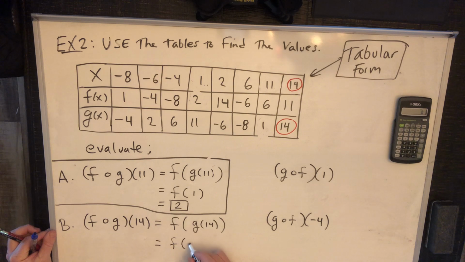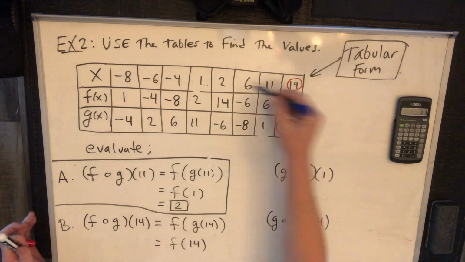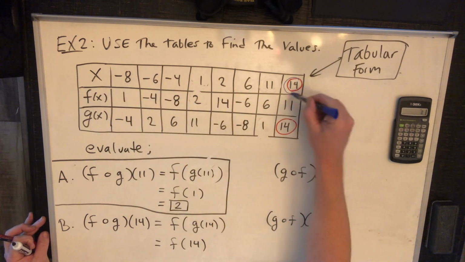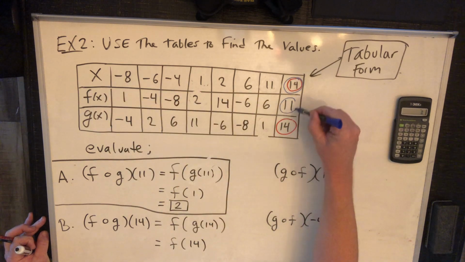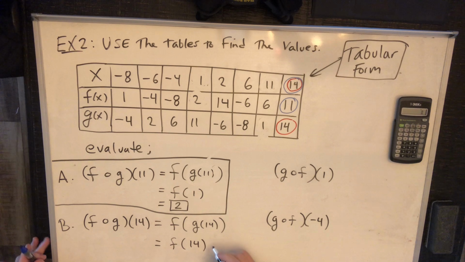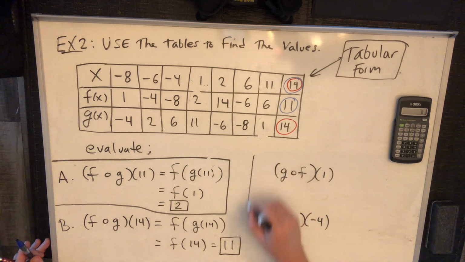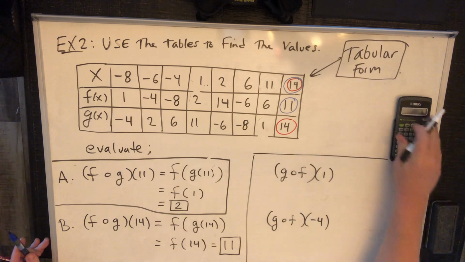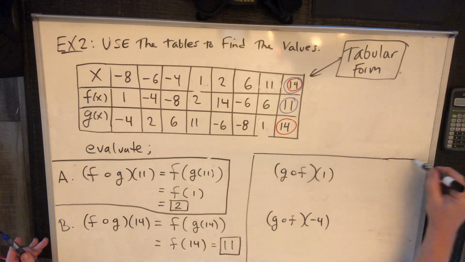So now we are just evaluating f of 14. The f function at 14 is going to give us a value of 11. Calculator is not needed for this problem.